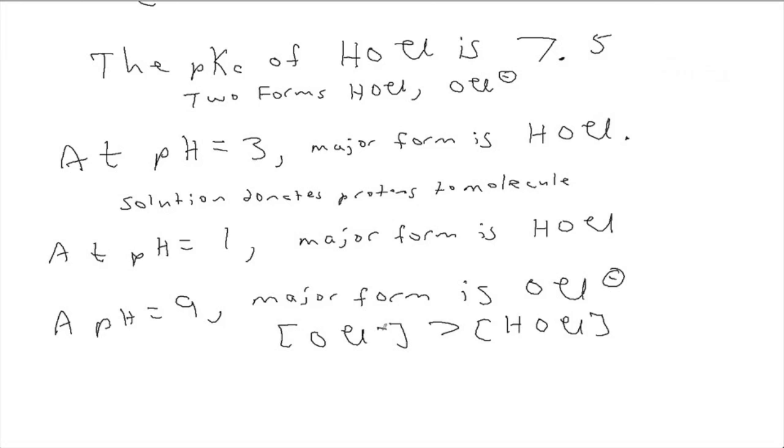Some of them will be protonated and some will be deprotonated. The major form is the one that you end up with more of. For example, here you might have about 99% in the OCl minus form and approximately 1% in the HOCl form. That's why we would say this is the major form. Okay.